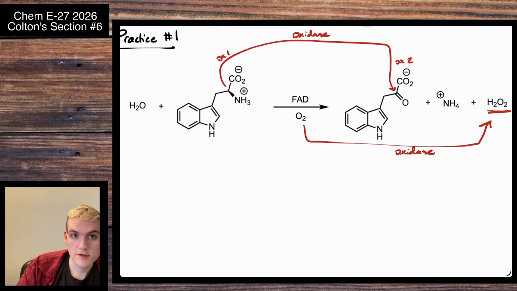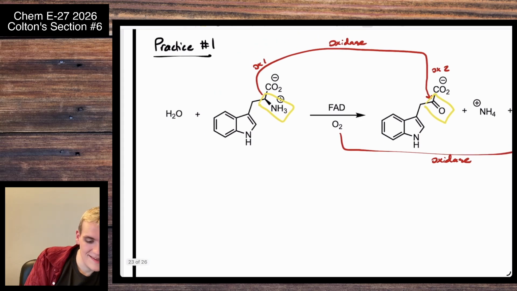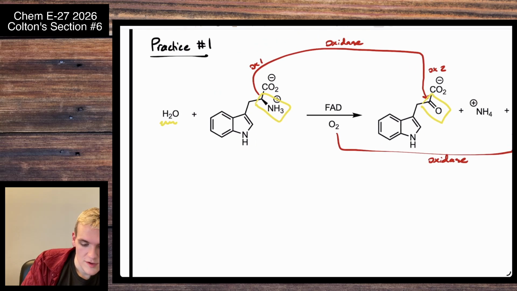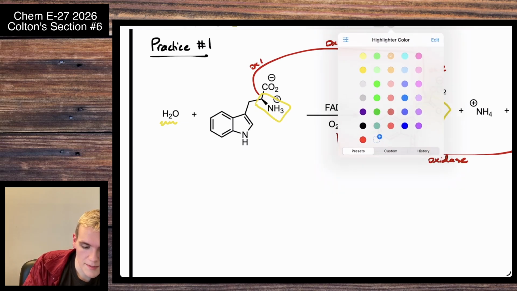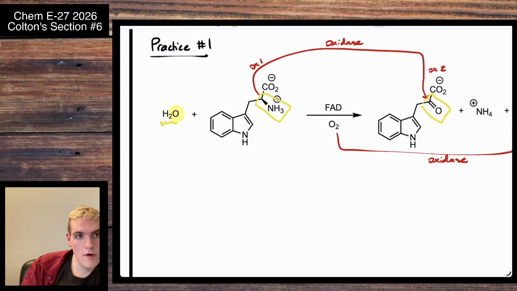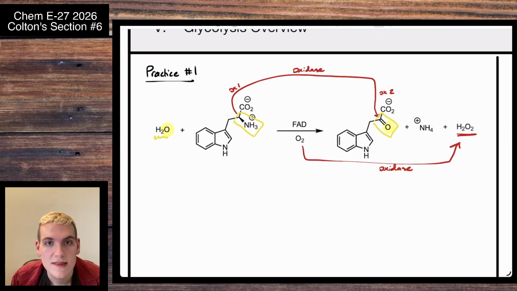Our tip-off is that we went from a carbon attached to a nitrogen that was oxidized, and suddenly we have a carbonyl in the product. Likewise, we see this H2O. So it's likely that this O from H2O is going to wind up being the O that's incorporated into the molecule, because for an oxidase, the O never comes from O2.